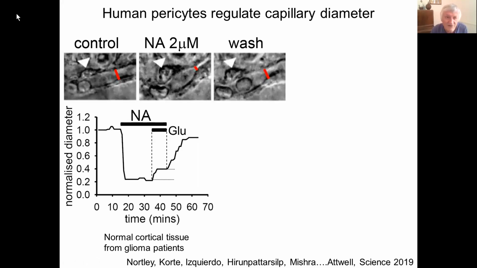You can see a pericyte here, and we apply noradrenaline to it, and you can see that it squeezes the blood vessel near the soma. Here it is decreasing the diameter. If we apply glutamate, it dilates. And so the conclusion is that human pericytes, just like mouse or rat ones, regulate capillary diameter near their soma.